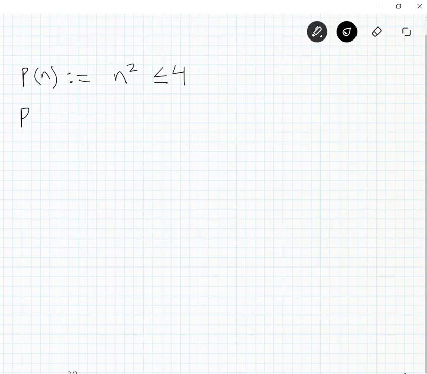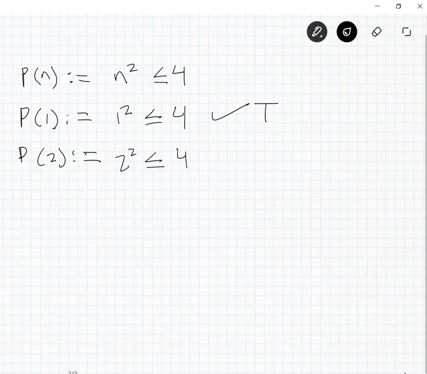So let's check P of 1. Is that true? P of 1 would be 1 squared is less than or equal to 4. Yep, that's true. Let's check P of 2. 2 squared is less than or equal to 4. Okay, great, that's true. But clearly, P of n does not imply P of n plus 1, and you won't be able to prove that.